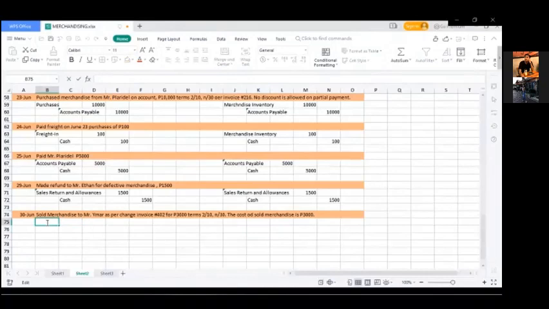So magiging entry natin pag periodic inventory system is, of course, accounts receivable and sales. Mag-recognize tayo ng sales. 3,600.